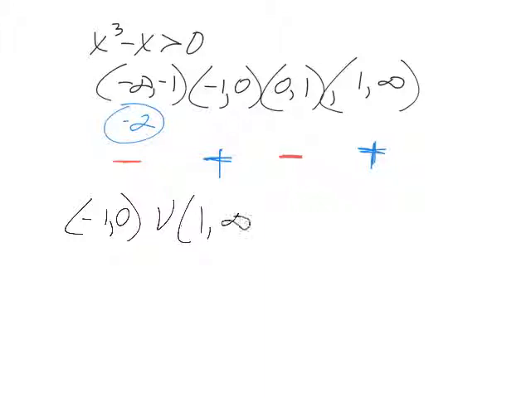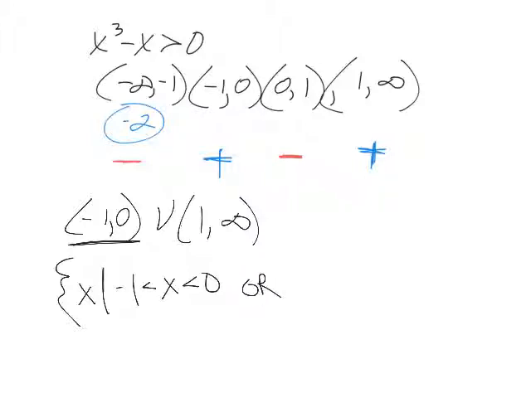You can also write this as x such that -1 is less than x, which is less than 0, and, or, because and we would write differently, x is bigger than 1.